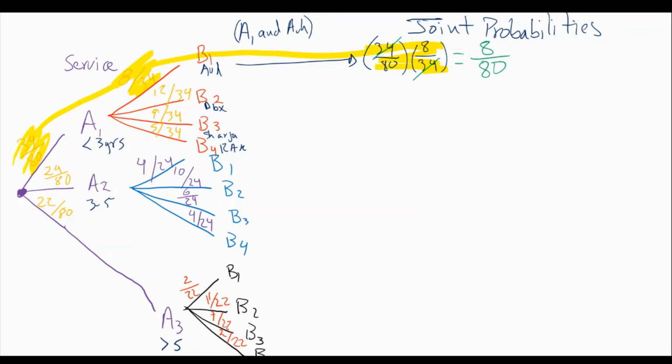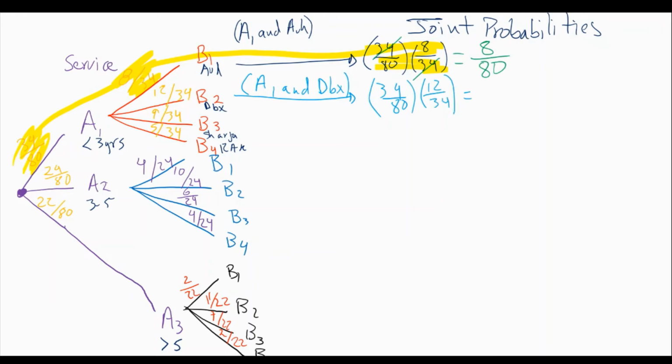Okay, let's look at the next one. Gonna look at the probability of a branch being in service for less than 3 years and that is located in Dubai. Okay, so how do we do that? We multiply again 34 divided by 80, times how many are in Dubai? 12 divided by 34.